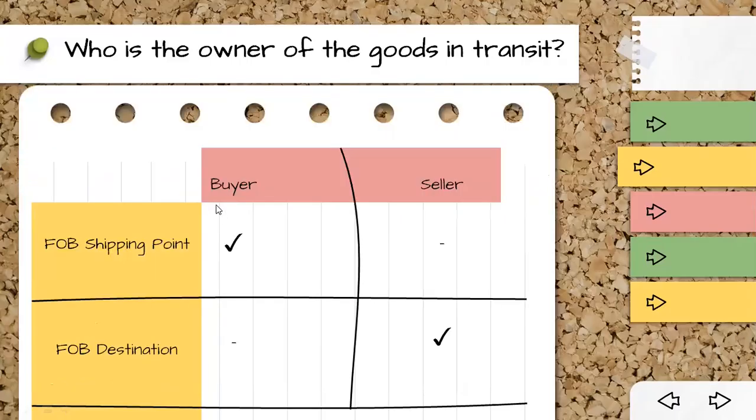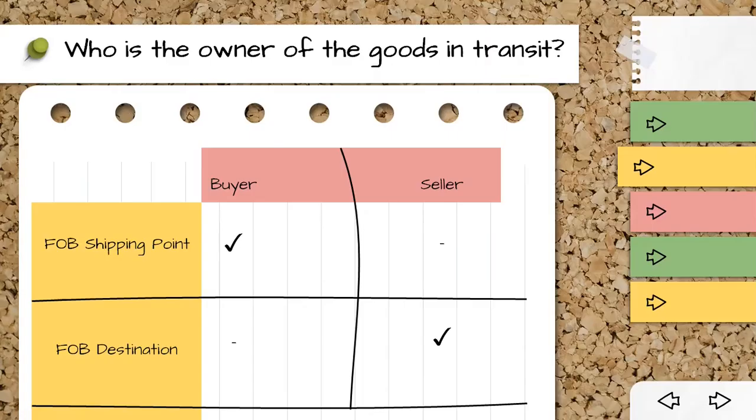Now, this one is just a review of what you have learned in ACC 111. So, who is the owner of the goods in transit? This has to do with goods which are in transit at the end of the accounting period. There is no question that when the goods arrive at the buyer's premises, the buyer owns them.